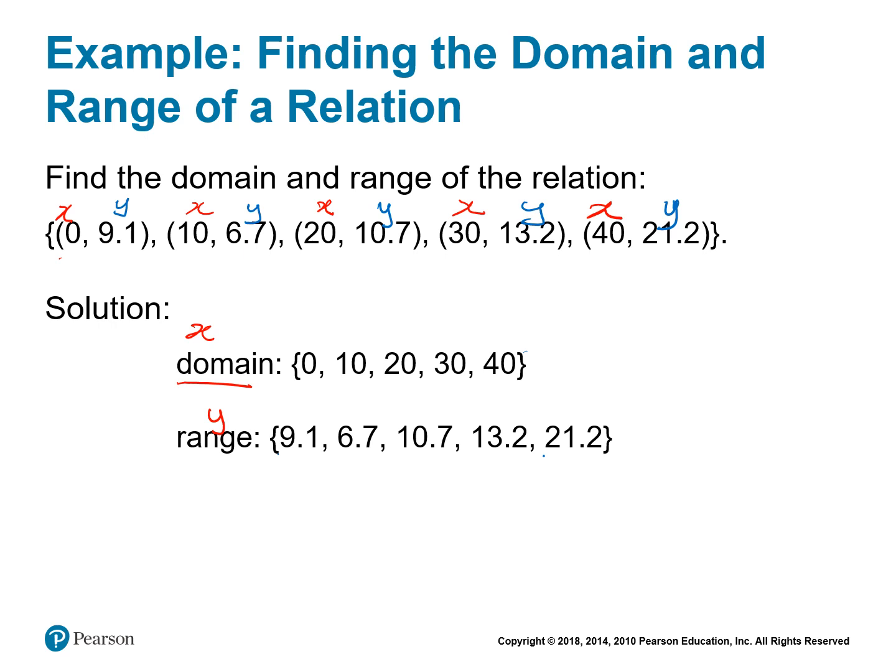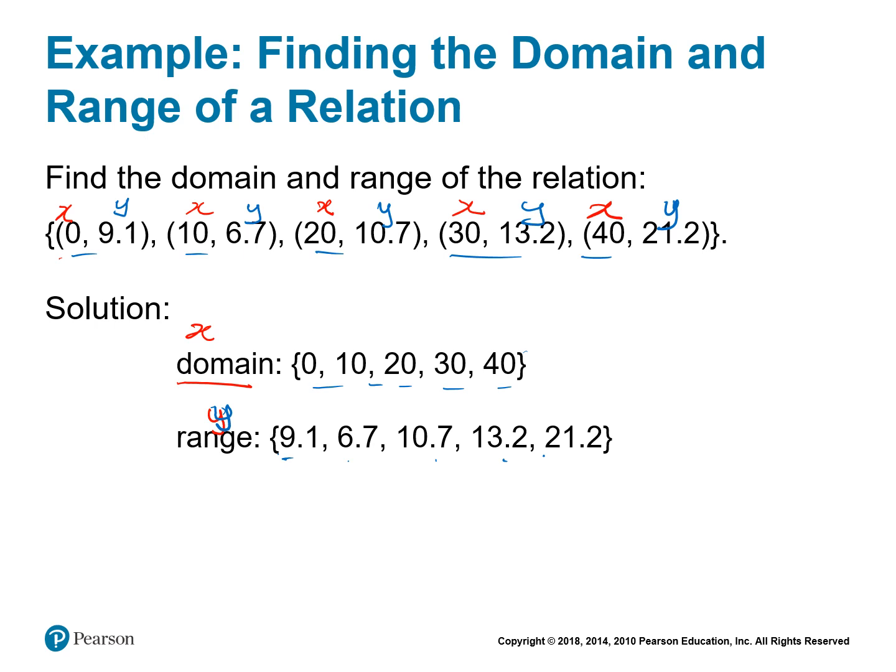So all you do is pick all our x values, 0, 10, 20, 30, 40, and list them here, separated by commas and surrounded by parentheses, and the range values, which are all the y values, 9.1, 6.7, 10.7, 13.2 and 21.2, are all listed together, surrounded by parentheses, separated by commas.